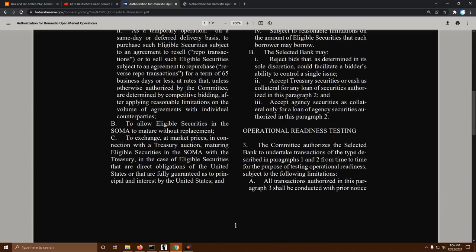B. To allow eligible securities in the SOMA to mature without replacement.